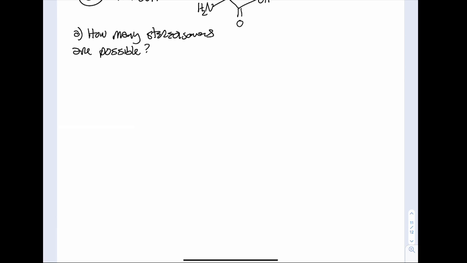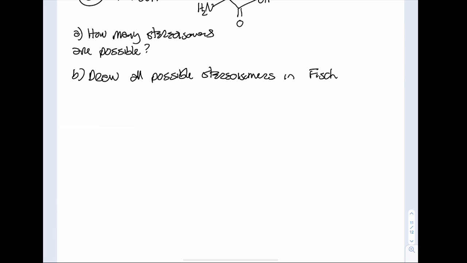We're going to draw all possible stereoisomers in Fischer projections, we are going to assign configuration, so that's the R and S, to all chiral centers.